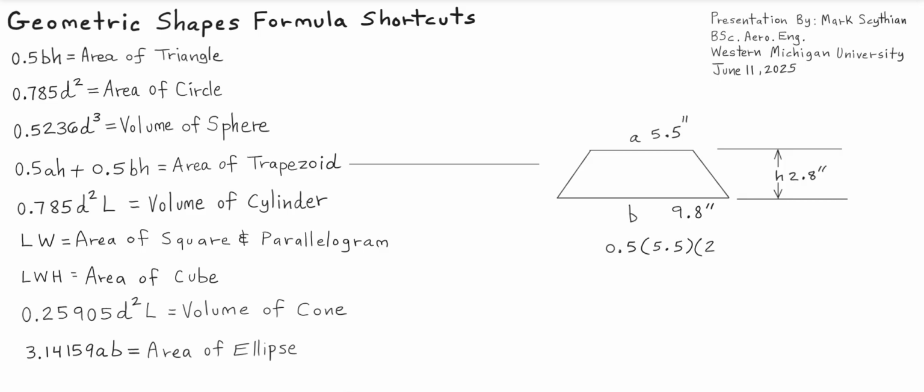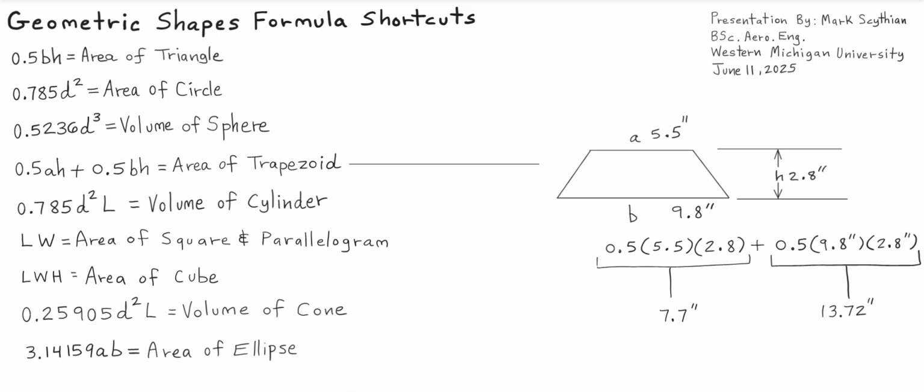But the shortcut just consolidates that formula. So it's 0.5 times A times height plus 0.5 times B times height. So if we solve for each side, we get these two values, we add them together.